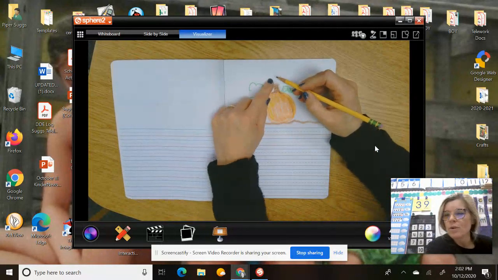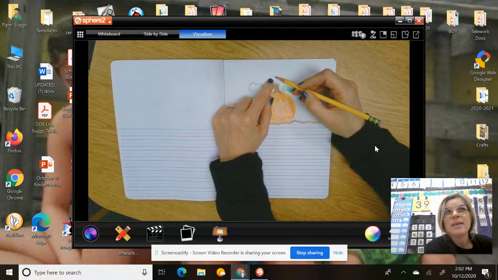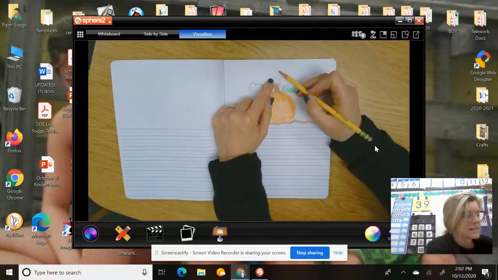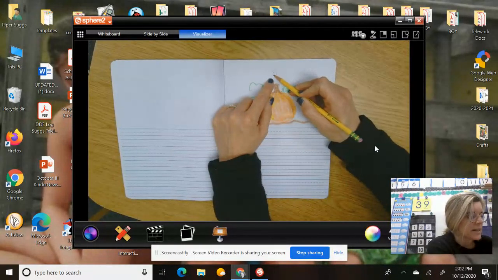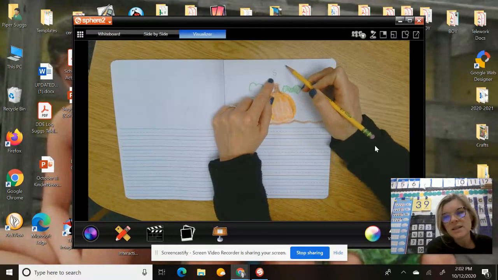I'm going to say the word very slowly, and the sounds that I hear, I'm going to try to remember what Letterland characters make those sounds. St, st. That sounds like Sammy Snake. St, t, t, t.